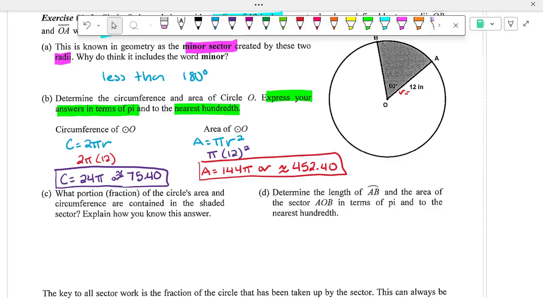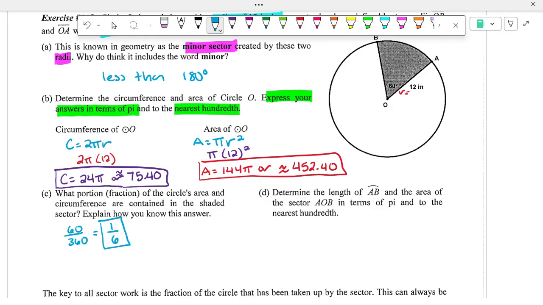In other words, how much of that whole do I have? 60. We have 60 degrees out of 360. So what fraction do I have? 60 over 360, which simplifies down to what? 1/6. Good. So this is how much of the circumference and the area that we'll be finding.